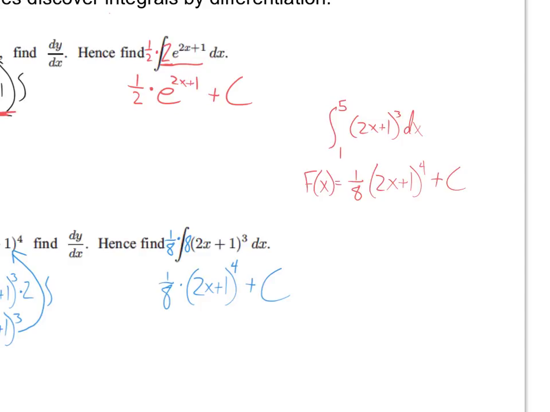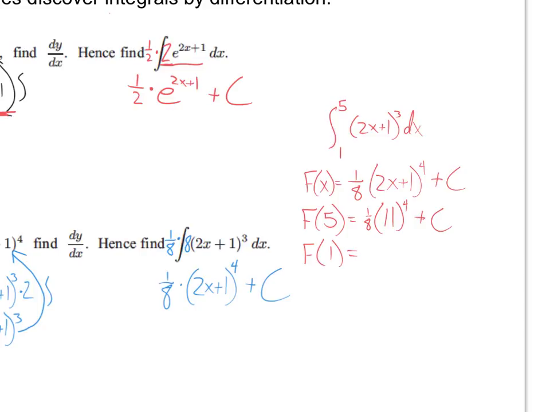How do I do the actual definite integral, the integral from 1 to 5? Good. Capital F of 5 minus capital F of 1. So look, here's capital F of 5. I have 1/8 times 11 to the 4th plus c.